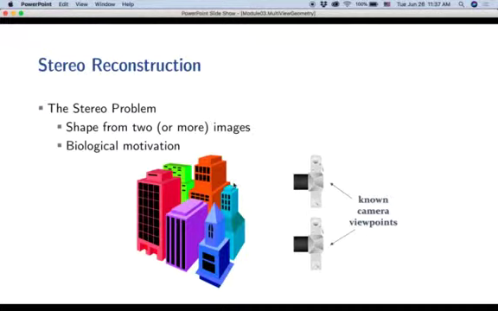Now, if you have two cameras and you know the camera viewpoints, you know where those cameras are, then it is possible to reconstruct the 3D of the world. Okay. Any ideas why? How will we be able to get the lost information?